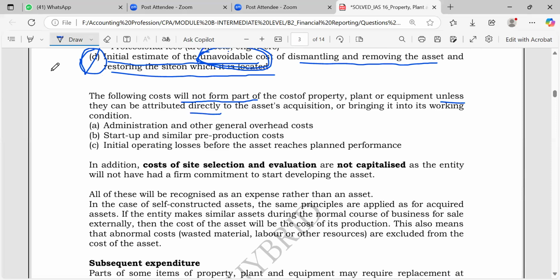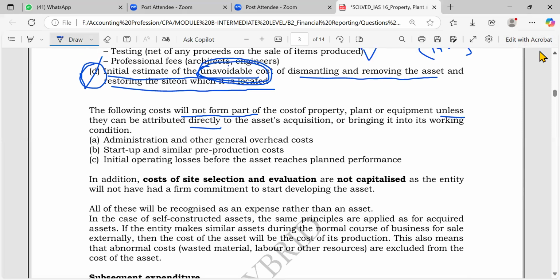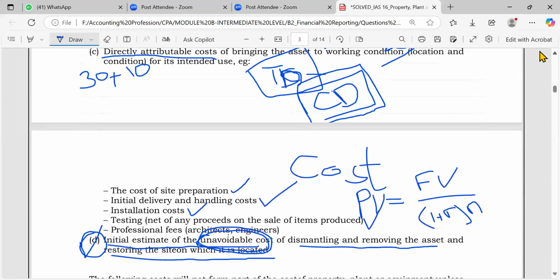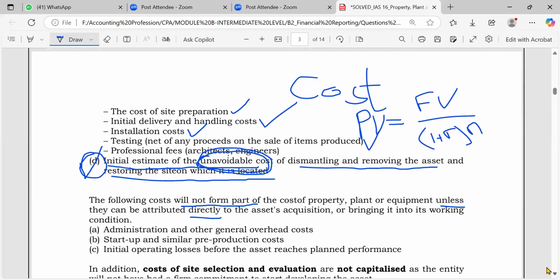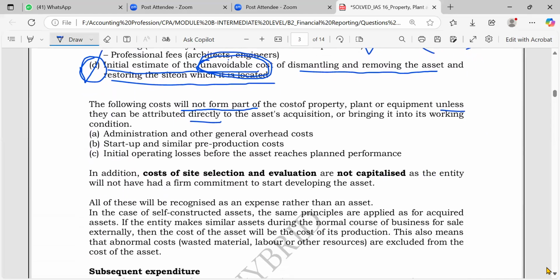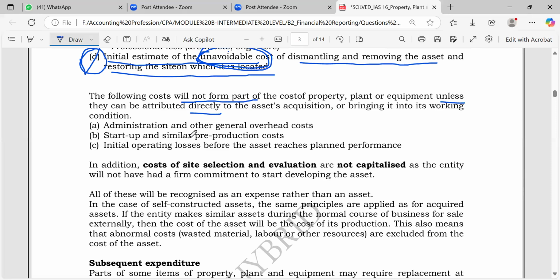Part C says the costs that are directly attributable. If you see that the cost is obviously directly attributable, that is obvious, right? But if nothing is said, these costs will not form cost of an asset. They're very obvious.